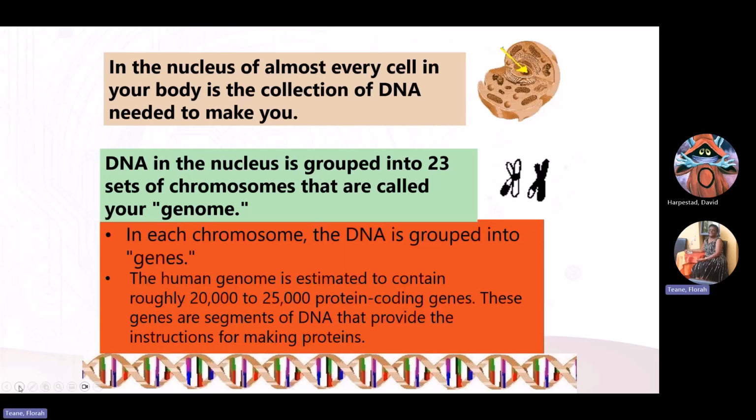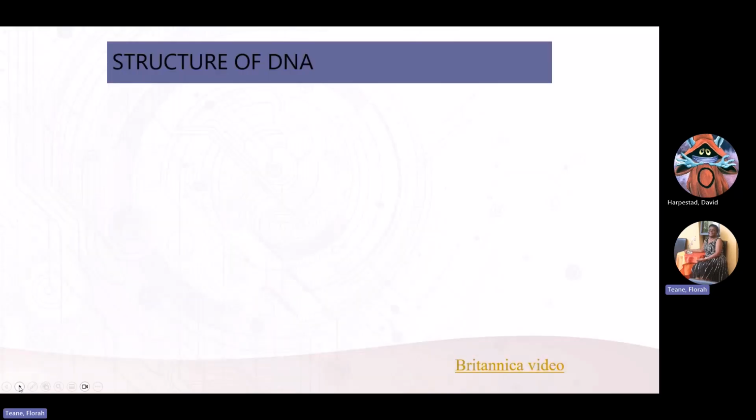A chromosome has the DNA, which I have already indicated is made up of genes. And the total number of genes, what we call the human genome, is estimated to contain roughly 20,000 to 25,000 protein coding genes, which are segments of a DNA molecule.